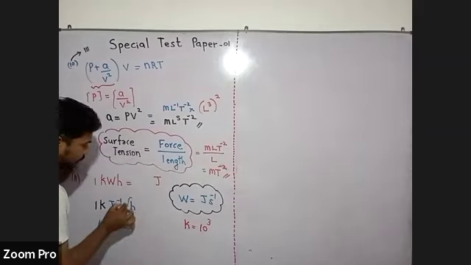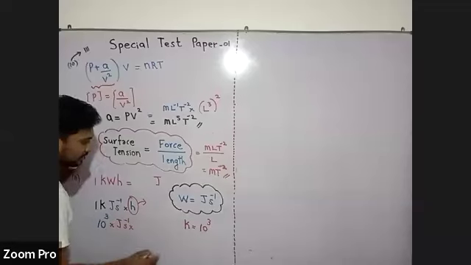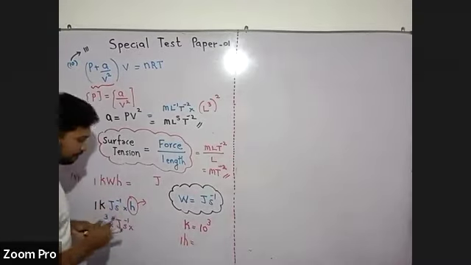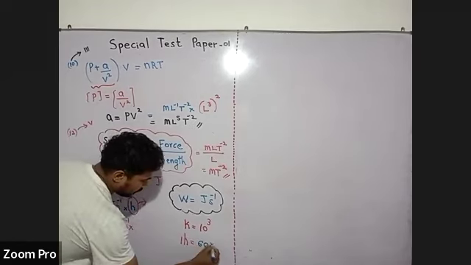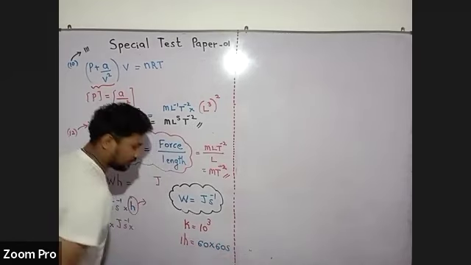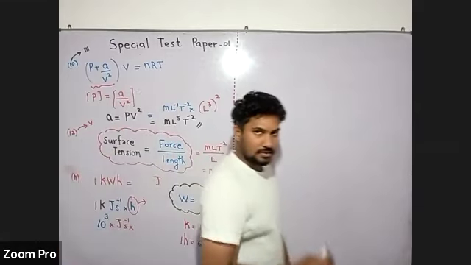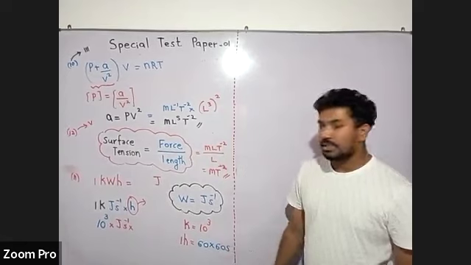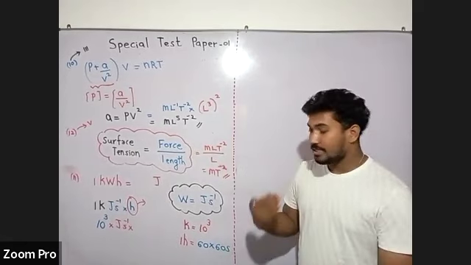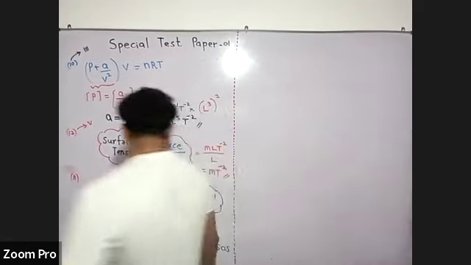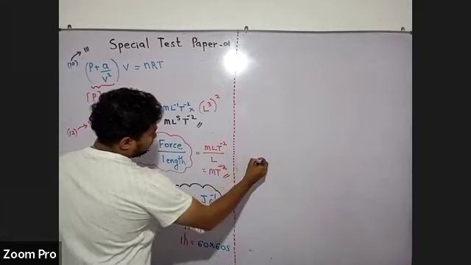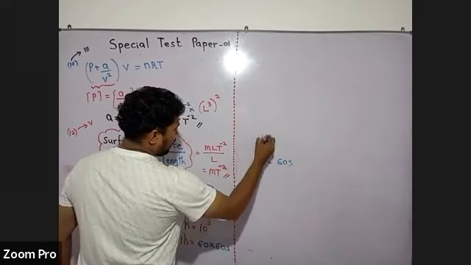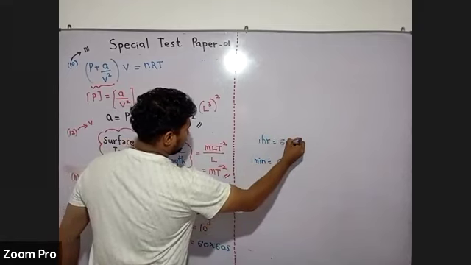Then the h represents hours, right? So you know that 1 hour consists of 60 into 60 seconds. If I convert hours into seconds, 1 hour is equal to 3,600 seconds, right? How do we obtain this? Because 1 minute consists of 60 seconds and 1 hour consists of 60 minutes.